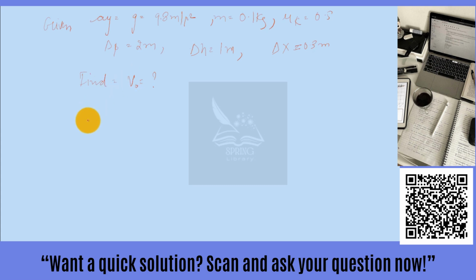If we read the problem carefully, there are two parts to the problem: the deceleration of the object before falling and the free fall motion of the object.